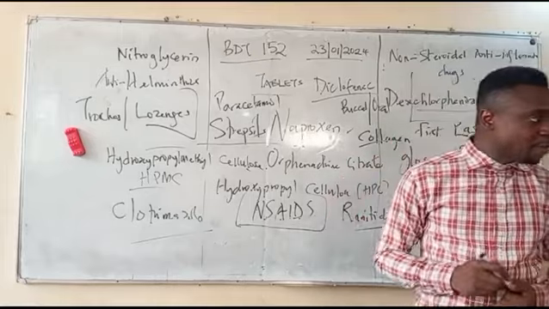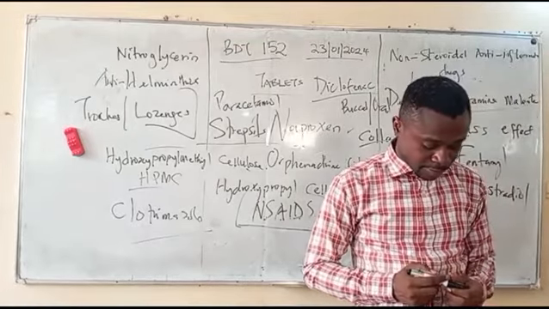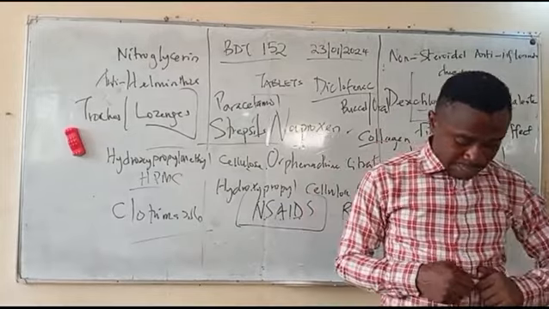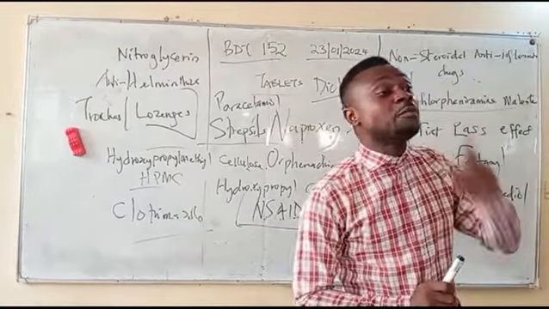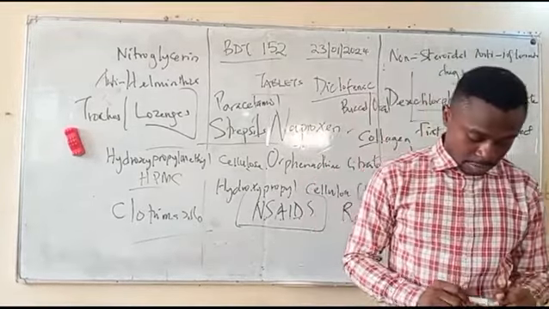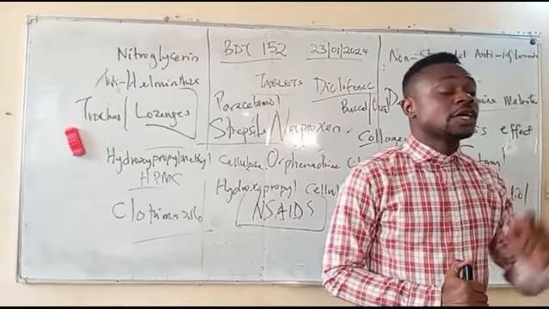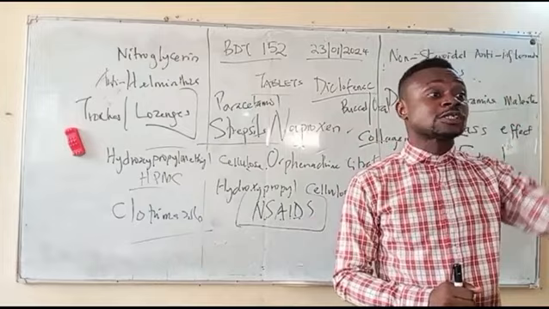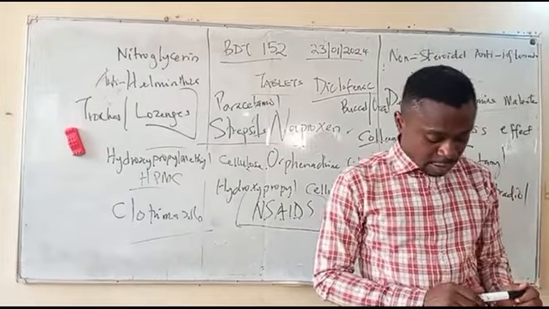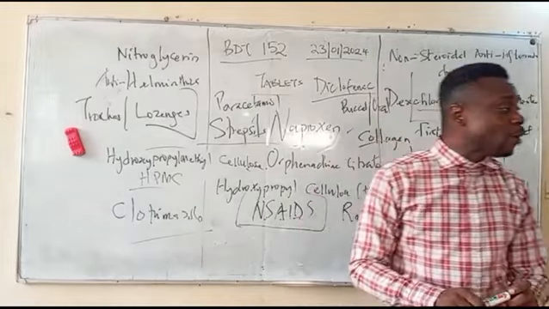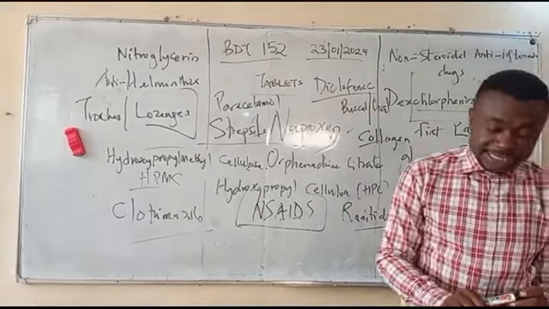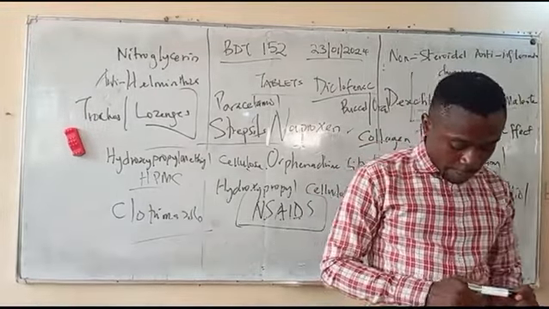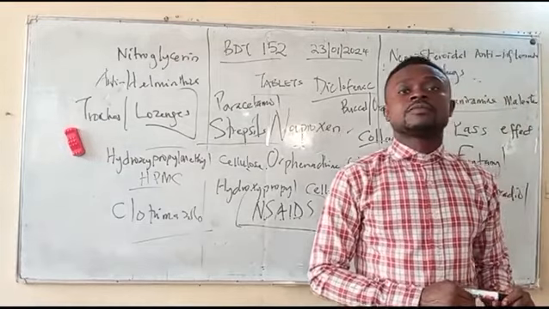So we have the hypodermic tablets. The thing about this one is that they must be sterile. Note that point. Because of where they want to use it, they must be sterile. Very important. So it is a type of sterile preparation.